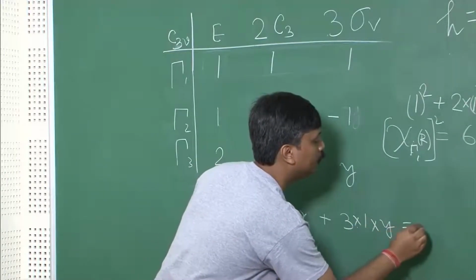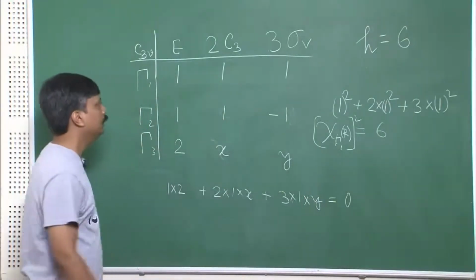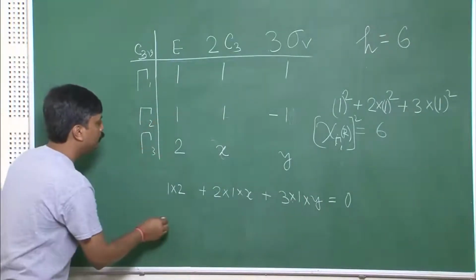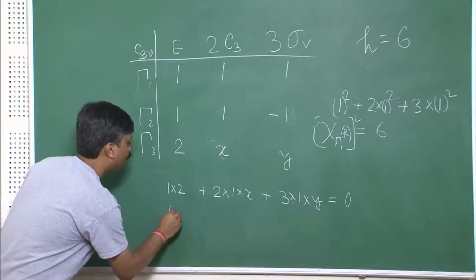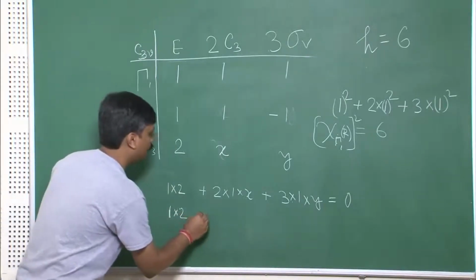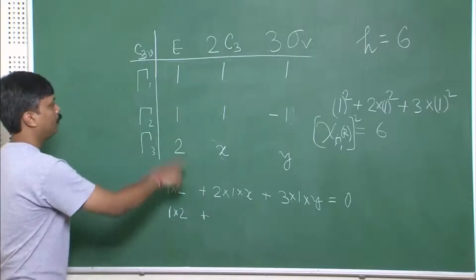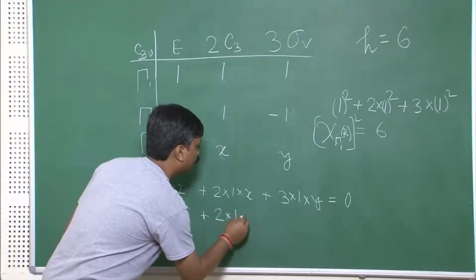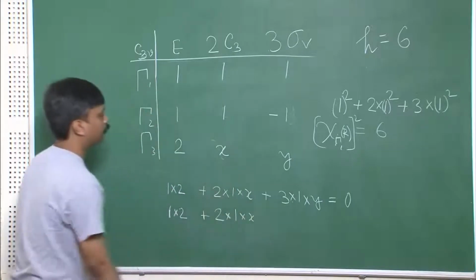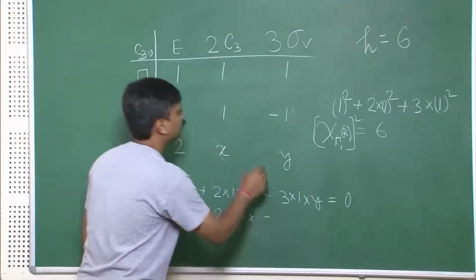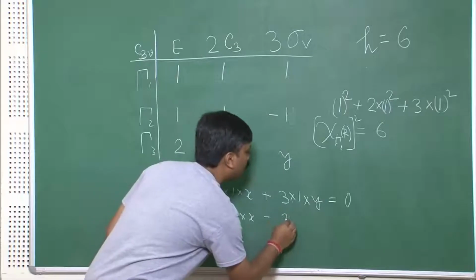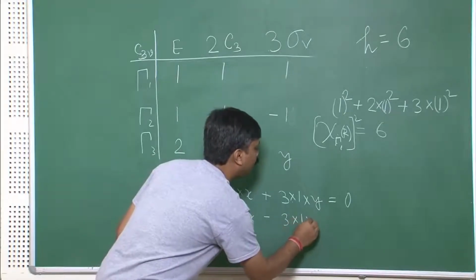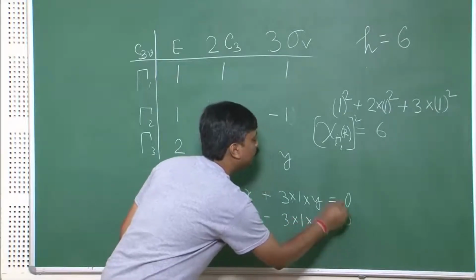And this should be 0 due to orthogonality. Similarly, I combine the other two, so I get 1 into 2 plus 2 into 1 into x minus 3 into 1 into y equals 0.